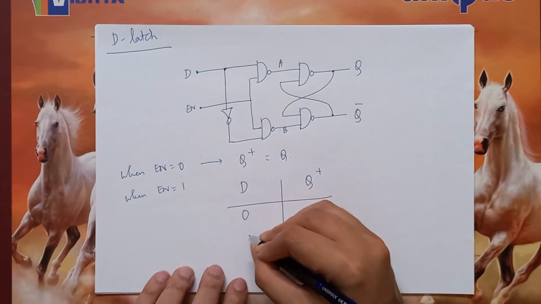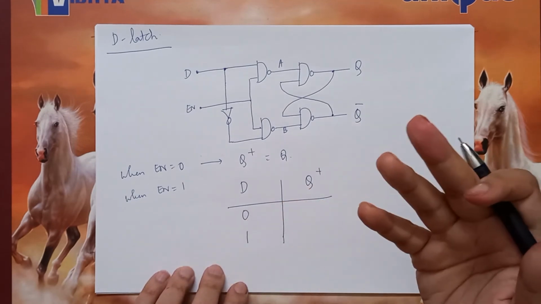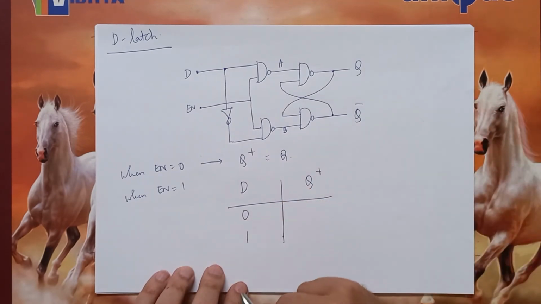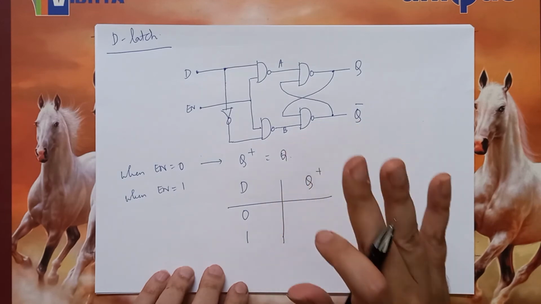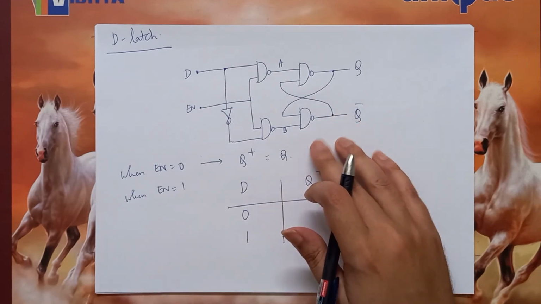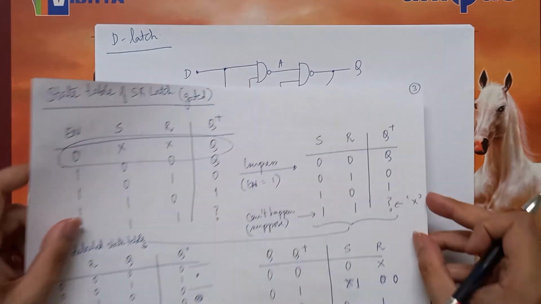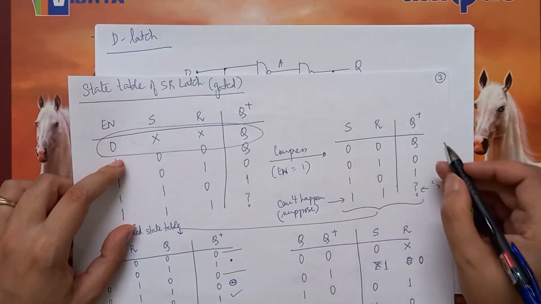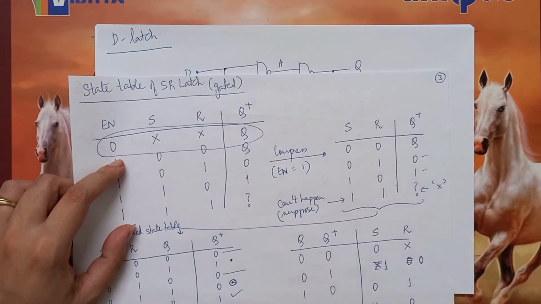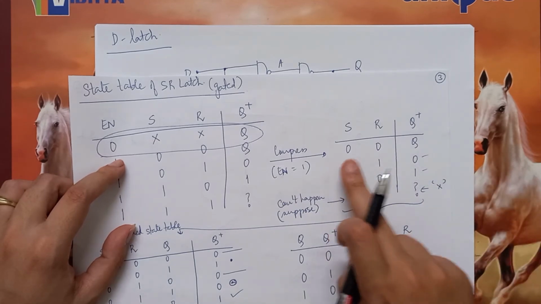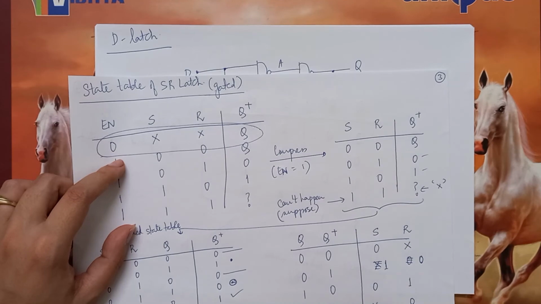So when D is 0 and 1, this behaves just like a combinational circuit, where we essentially have these two cases of the gated SR latch, because now the inputs to S and R are complements of each other in the case of D.